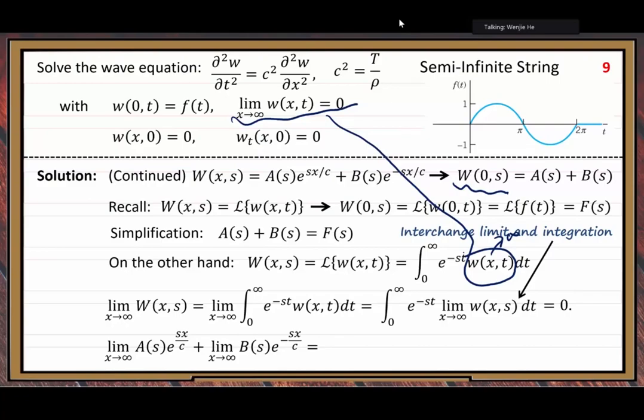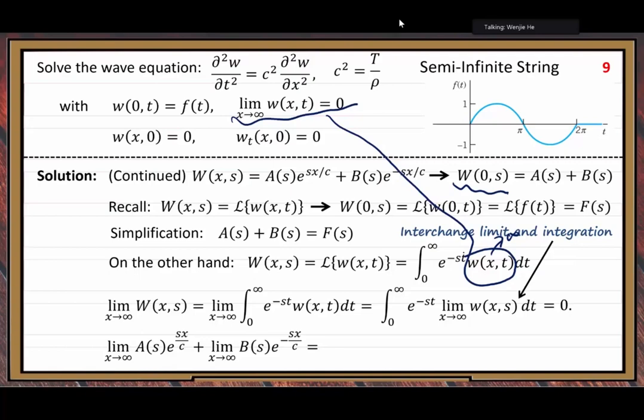So what conclusion can you get? This e function goes to infinity, a very large number, multiplied by A of s. When you fix s, A of s is a constant. A constant multiplied by a very large number equals capital W. We know capital W has limit 0.